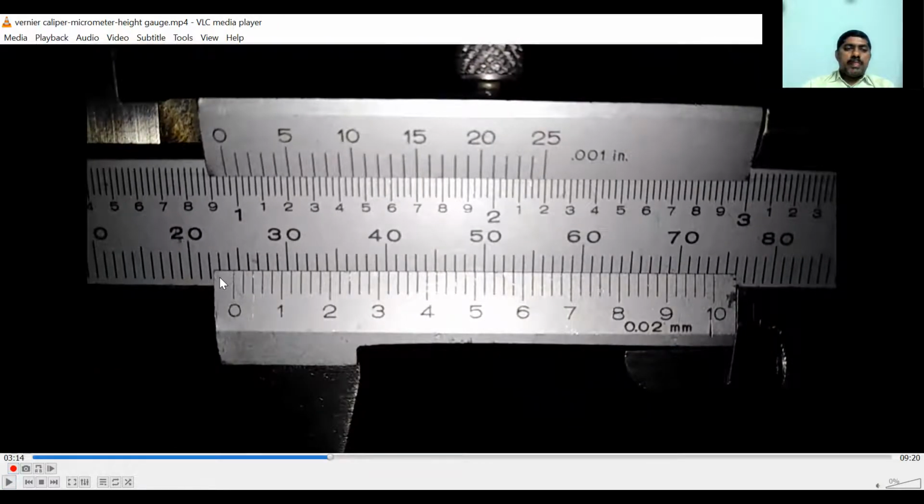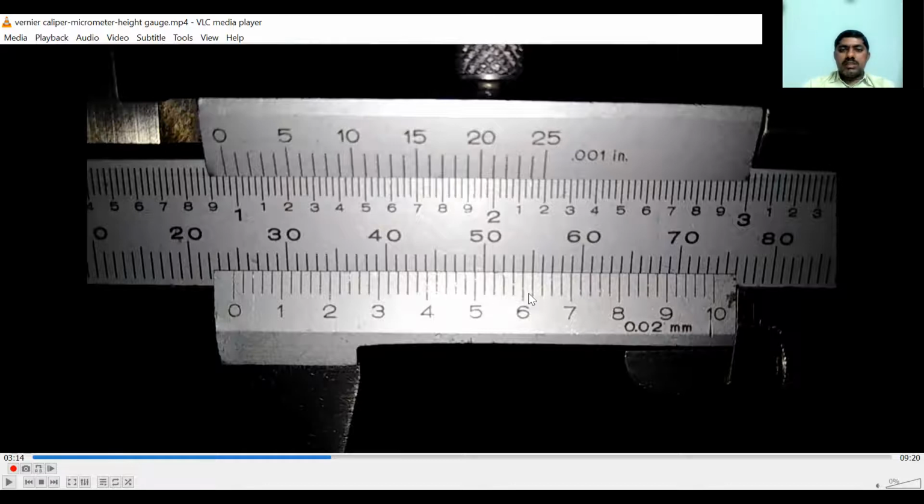So here the main scale reading is in between 24 and 25. So the main scale division is 24, and the vernier scale coincidence, you see, it is 25 divisions.